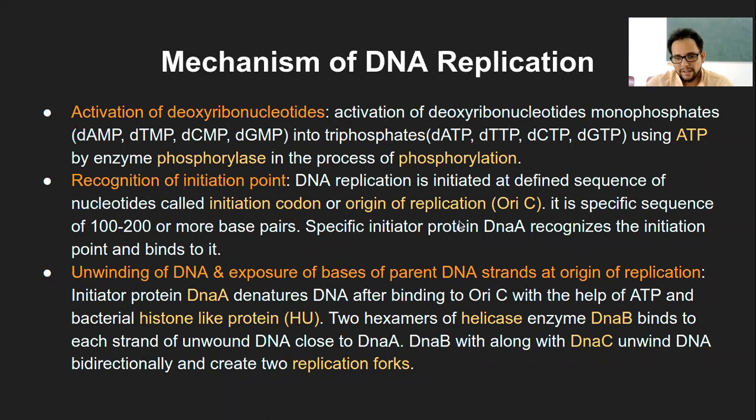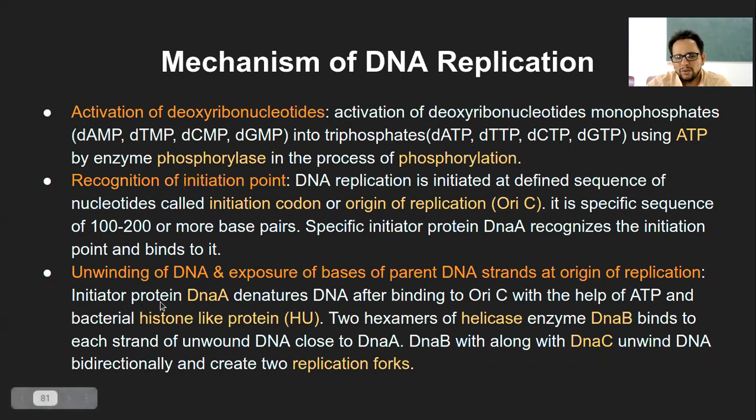So after DNA A binds to the initiation point, or at the ORIC, which is the origin of replication, unwinding of DNA starts happening. Once this initiator protein has bound to the two strands of the double helix, that will be taken as the unwinding point.